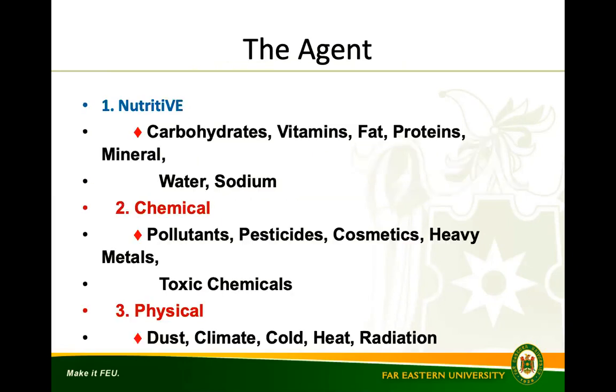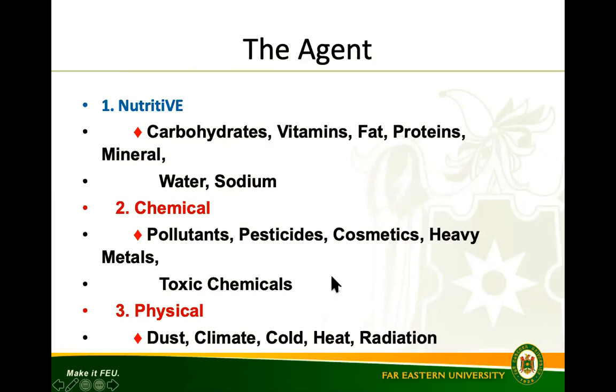Okay? Now, there are different agents according to their classification. So we have mentioned nutritive agents, and these are the examples of the nutritive agents that can cause a disease, chemical agents and physical agents.